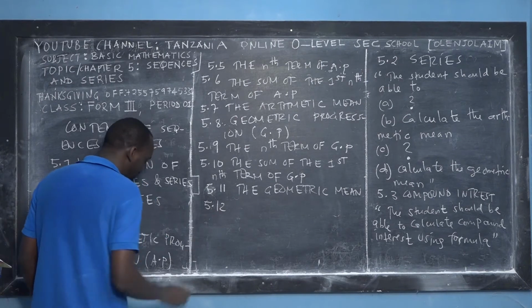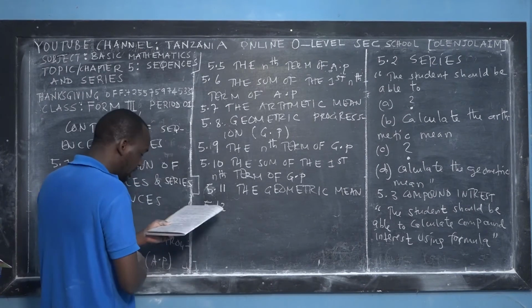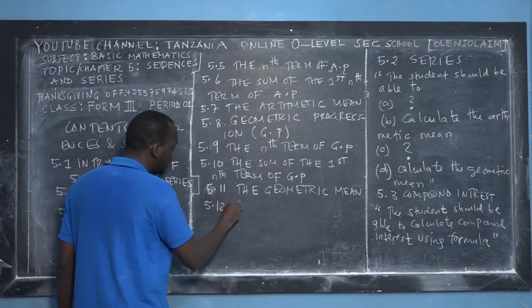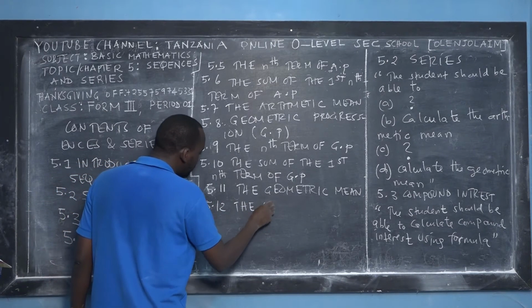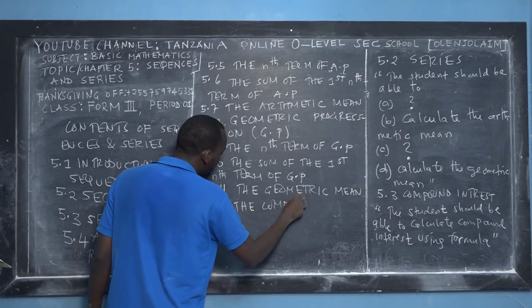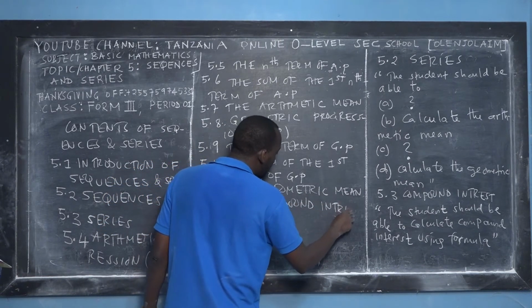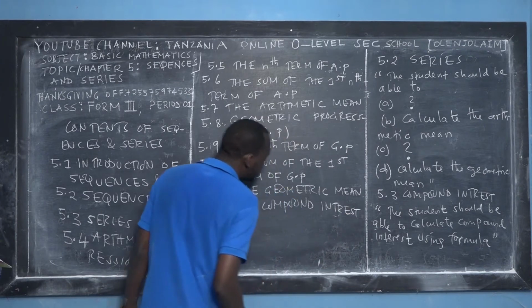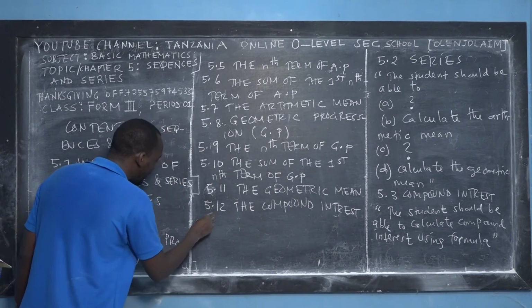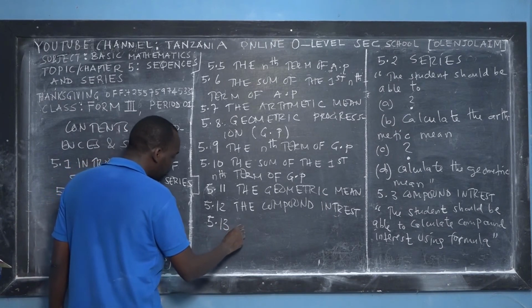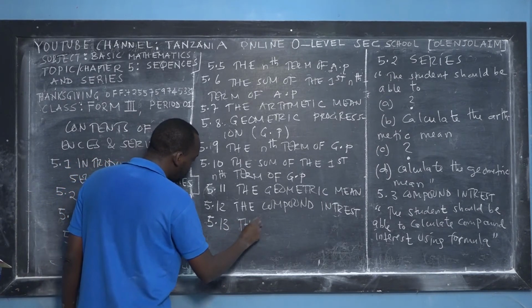The 12th concept, my beloved students, which will be the second from the last, I'll be teaching you how we can find the compound interest by using the formula. So compound interest is the next concept. The last concept, which is the 13th concept, I'll be teaching you the problem solving.